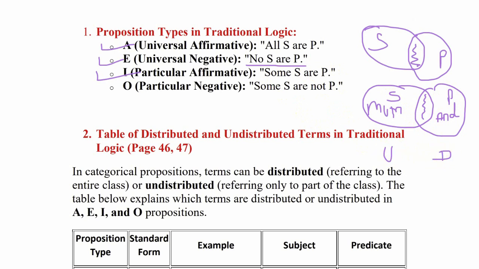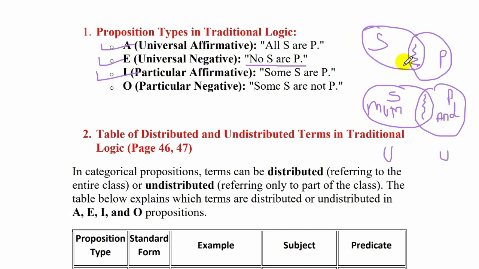So they're both undistributed terms. They will ask us in a question which term is distributed, and we say for an I-type proposition, neither subject nor predicate is distributed.